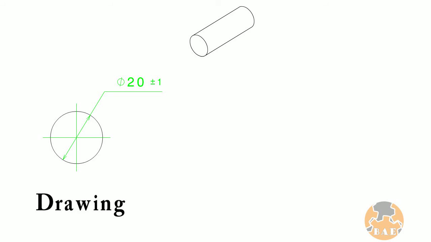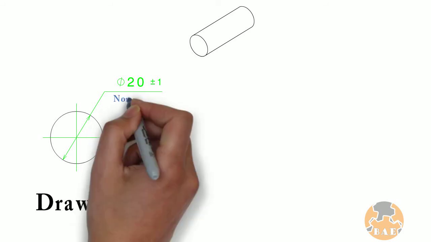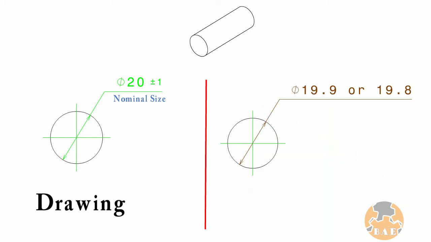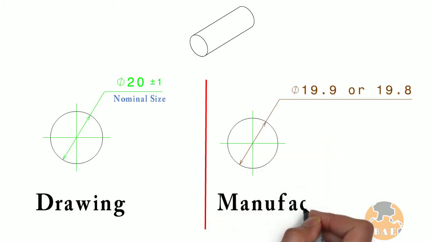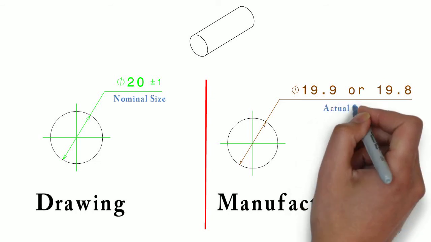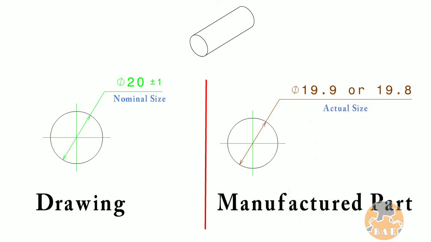Then this 20 mm dimension is the nominal size, while there may be a chance that this part can be produced at 19.9 or 19.8 or something else. Whatever it measures after manufacturing that part, that size will be the actual size.